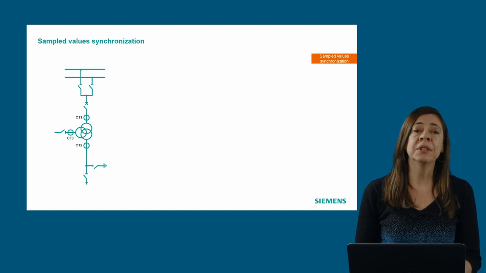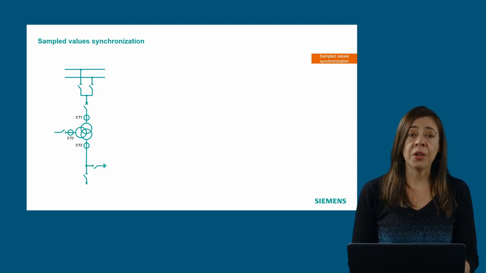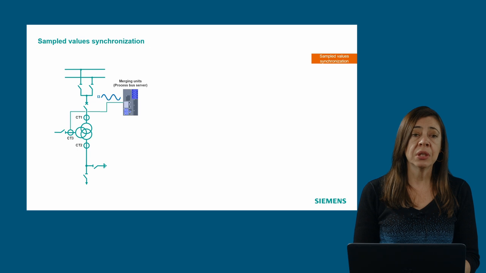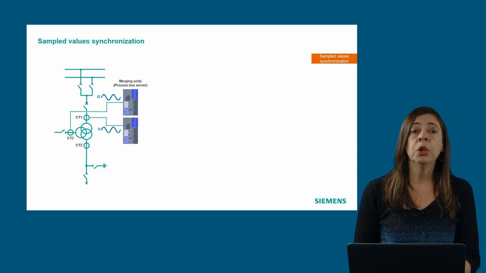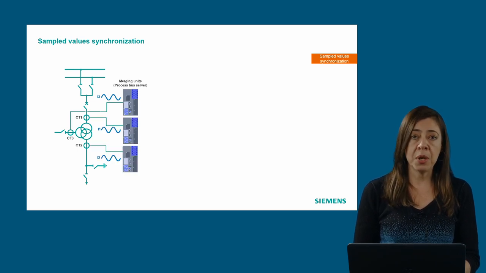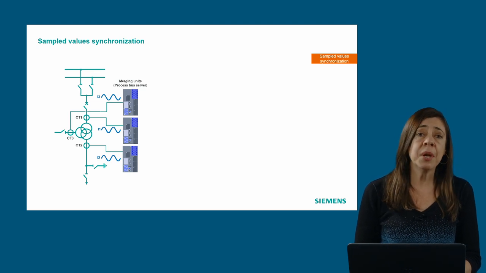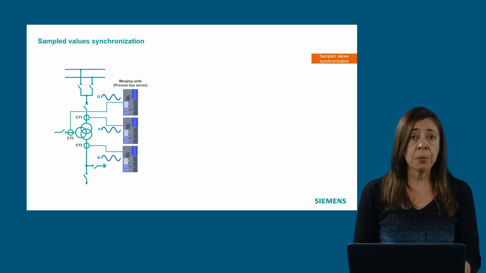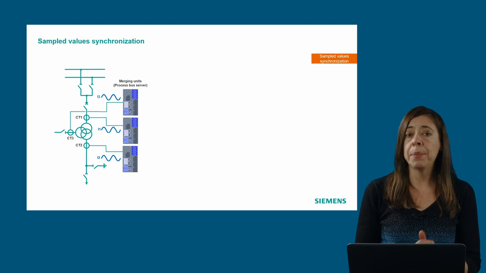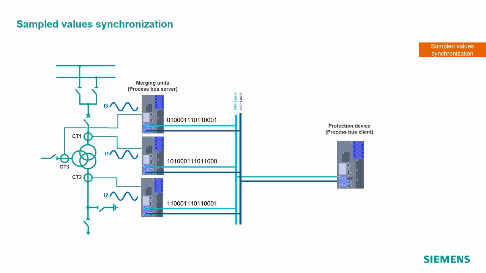Here we have a transformer with 3 different windings, and we'll use 3 different merging units to collect the information of the current transformers. Every merging unit acquires the information, digitalizes and publishes it to the communication network, and sometime later the protection device is able to collect or subscribe to this information.